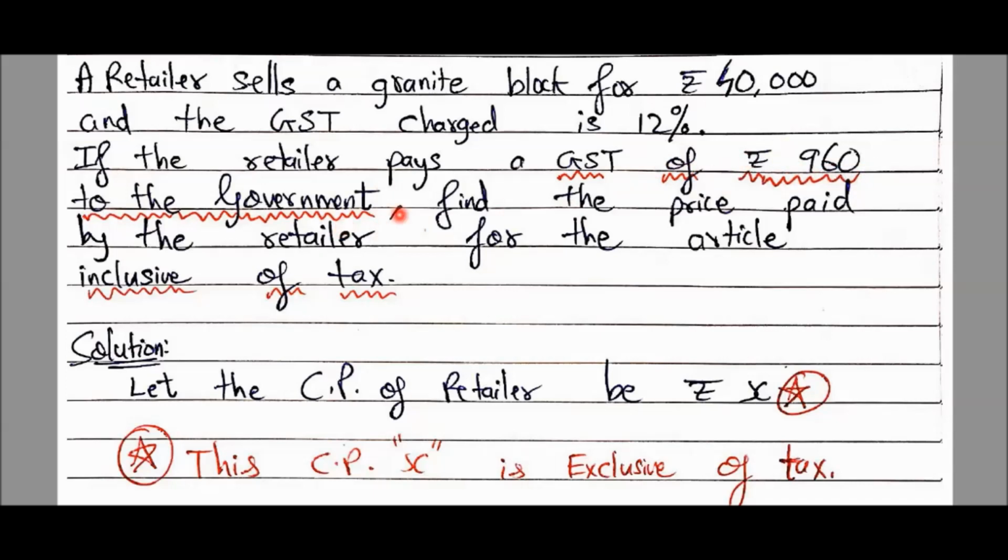Find the price paid by the retailer for the article inclusive of tax. What does this mean? Find the price paid by the retailer for the article inclusive of tax. This means that when the retailer bought this article, for example let's take an assumption that the retailer bought from a wholesaler. It's not given in the question.